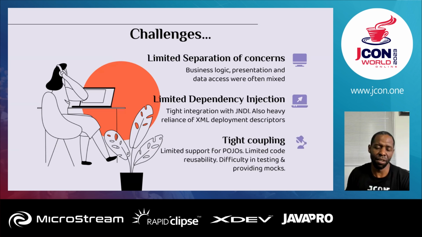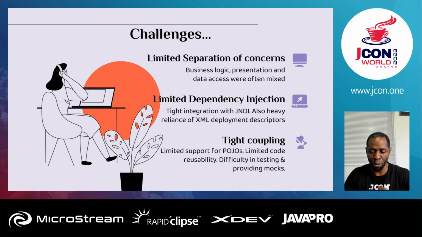As I said, there were limitations, mostly around separation of concerns: your data and your business logic were always integrated. There was very limited dependency injection. Everything had to be found through a JNDI lookup, and there was also the reliance on XML.